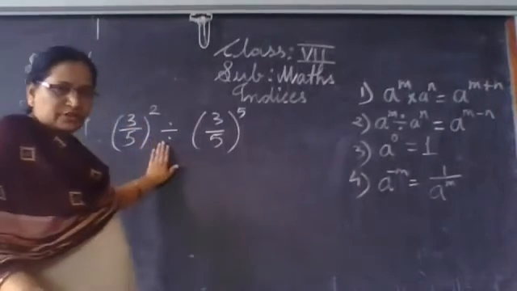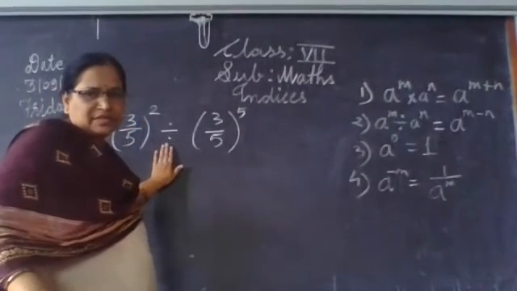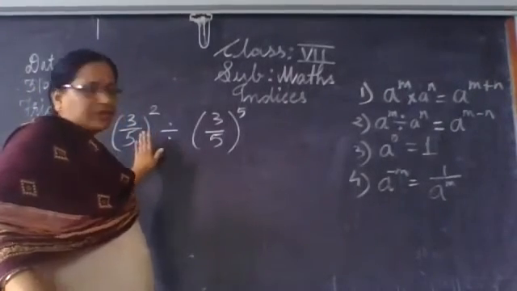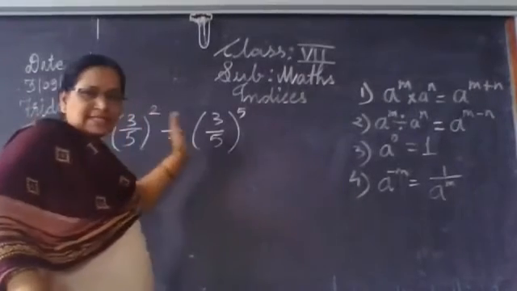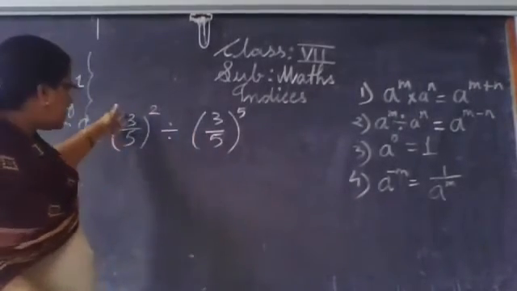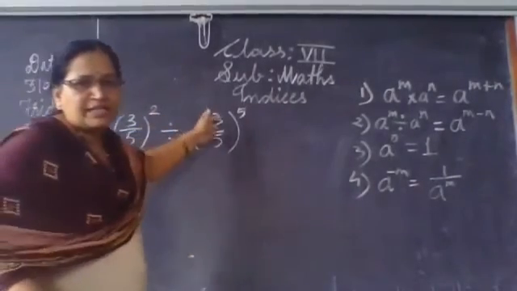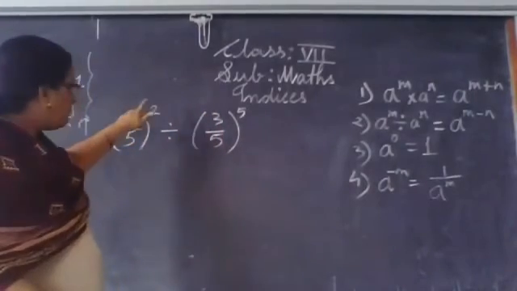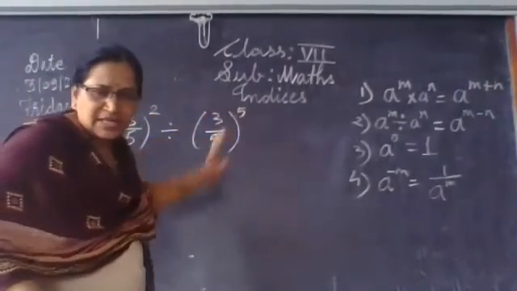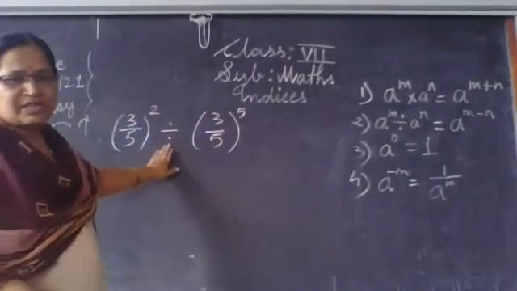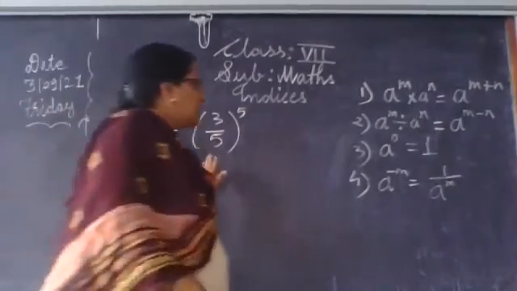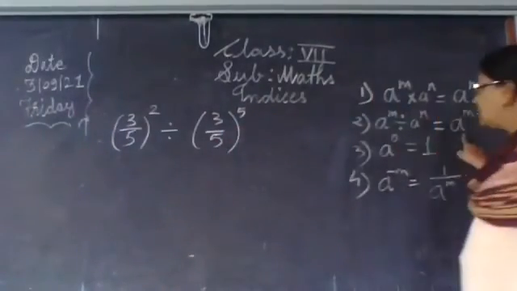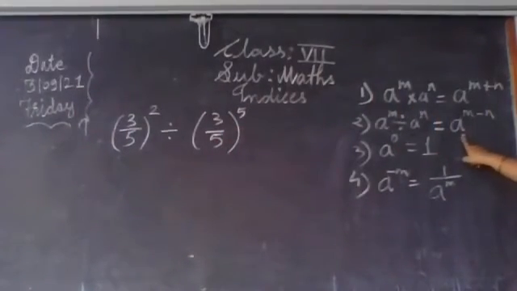See children, here what is the operation given? Division is given. And see, bases are same. What is the base here? 3 upon 5 is the base. And here also 3 upon 5 is the base. Powers are here 2 and here 5. And division is given. So what to do when division is given? When bases are same, you have to subtract their powers.